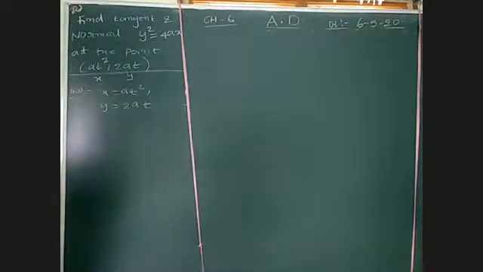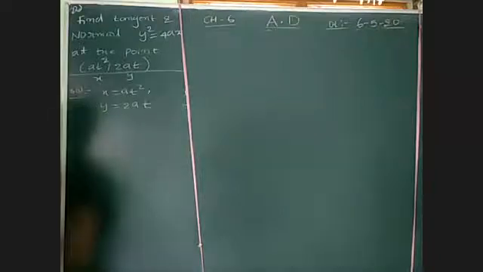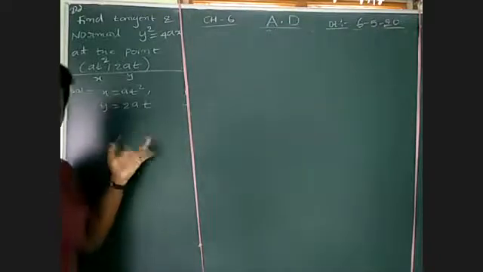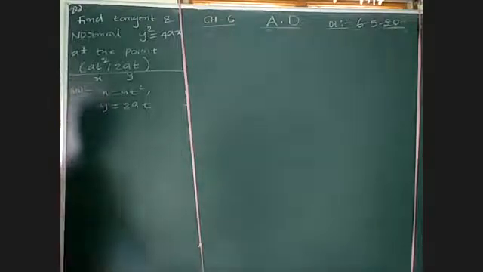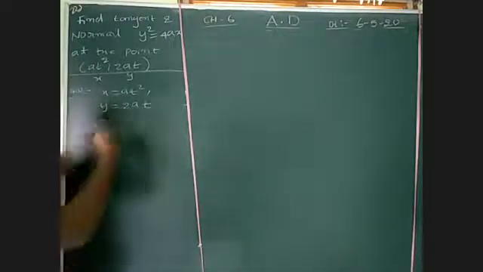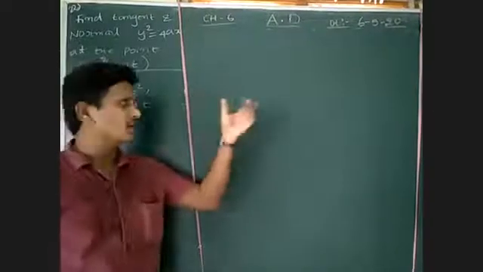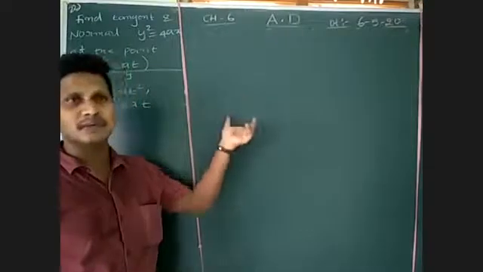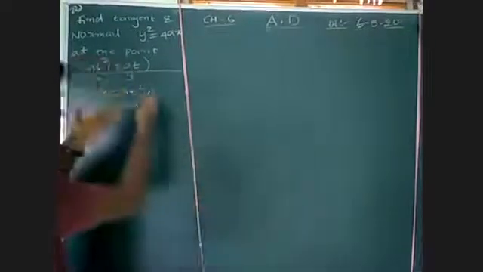Here they are asking at this point at square comma 2at, just find the tangent equation, normal equation. Already you studied x is equal to yt plus at square, that is tangent equation. Generally we write directly formulas, tangent equation in parametric form, normal equation in parametric form, but here we can prove that.